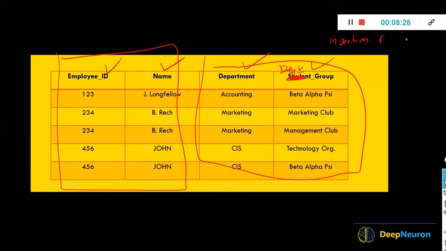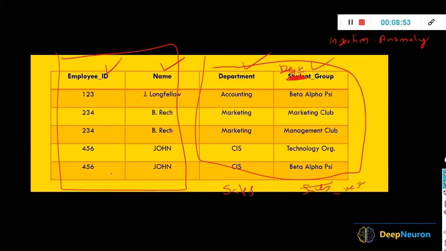Insertion anomaly. What do you mean by insertion anomaly? Supposing you are going to create a new department in your office. Let's say you have something called a sales department, and there is some group, let's say sales underscore west, some group name, and department name.